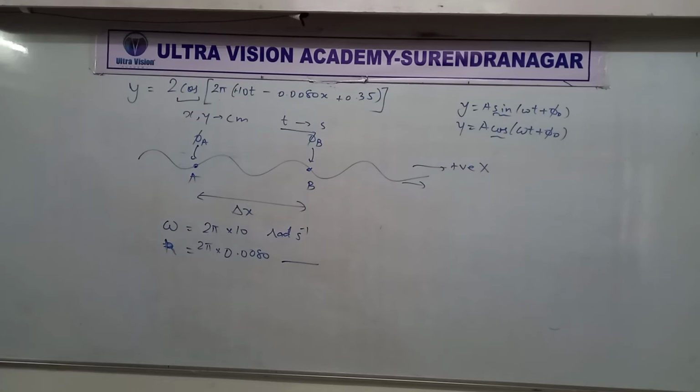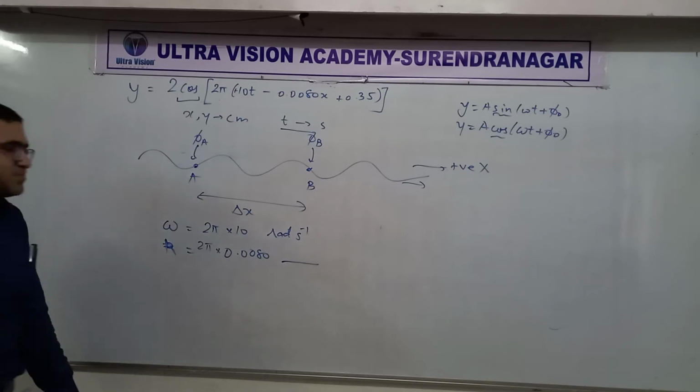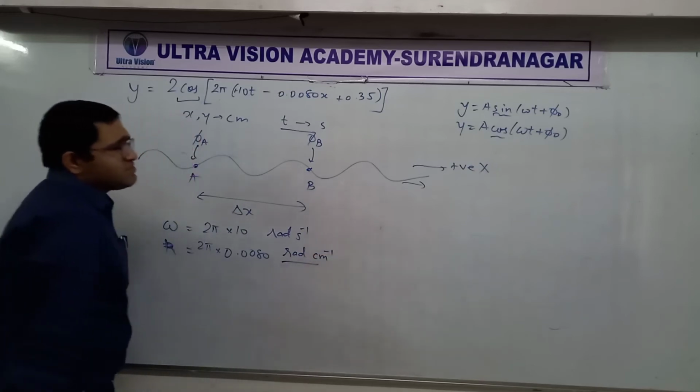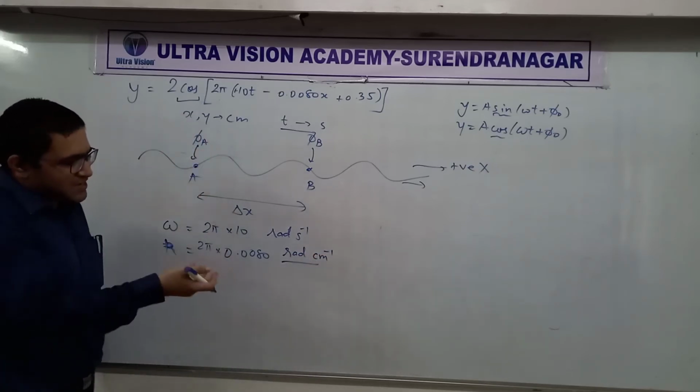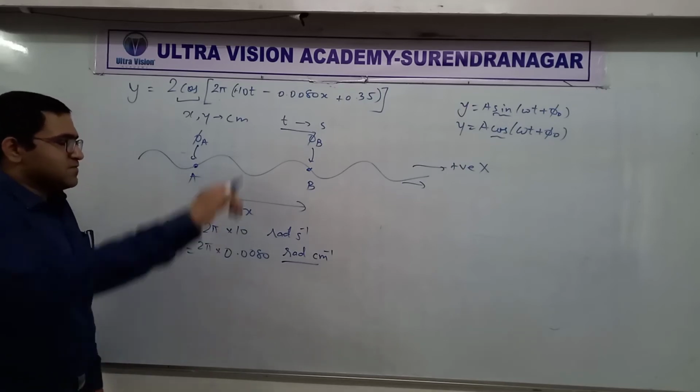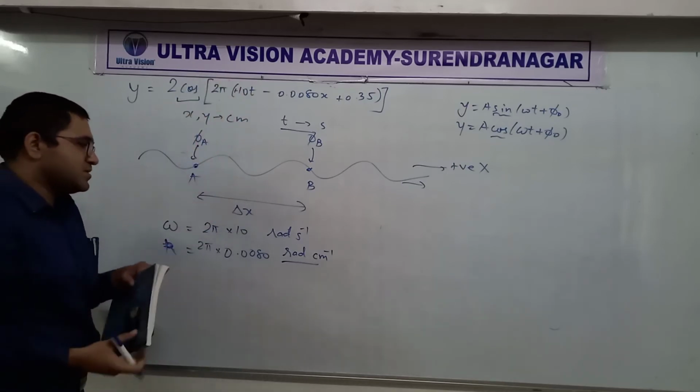Read the question carefully. You tell me the unit of K in this question. Yes, very good. Radian per centimeter. Remember, this is not the SI unit, but in these questions it has been given like that. Okay, right? Fine.